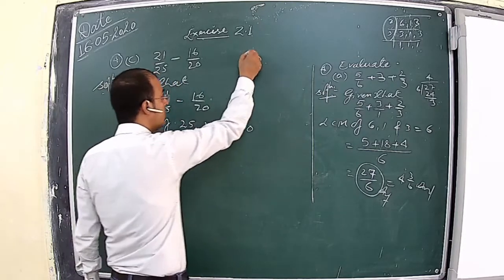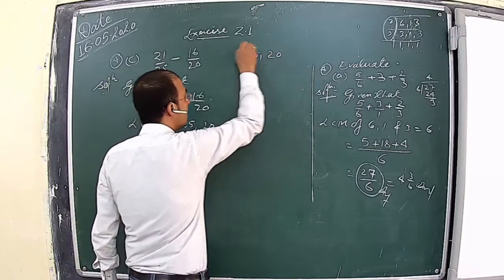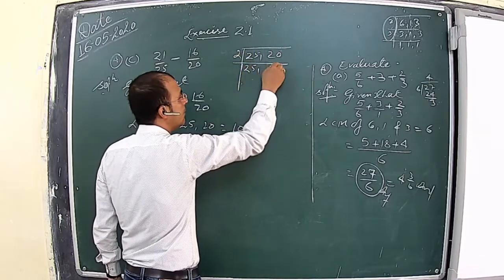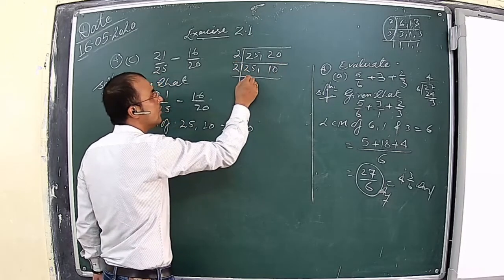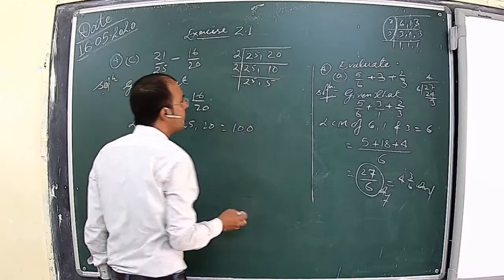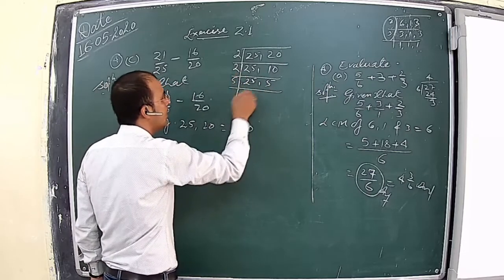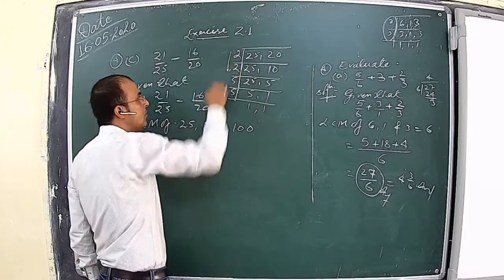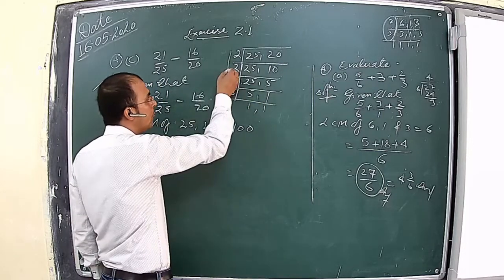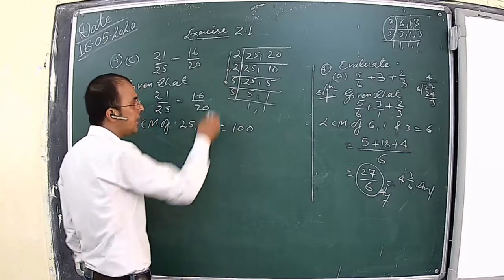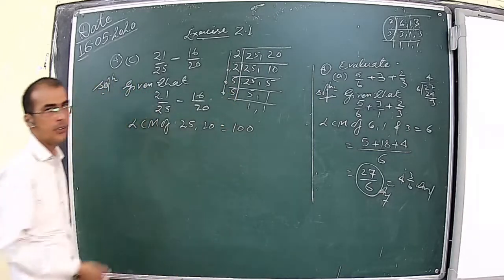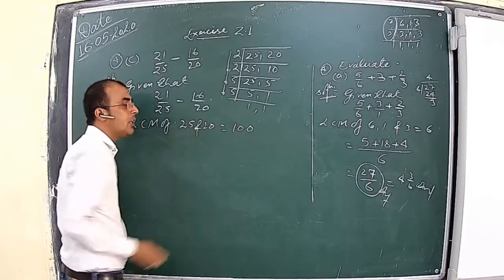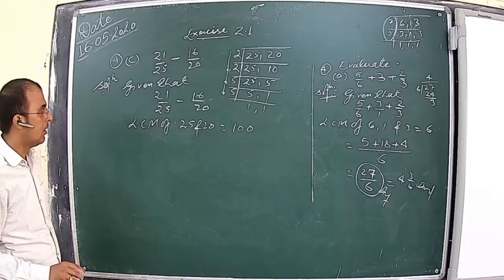You can find it here: 25 and 20 divide by 2, we get 25 and 10, again 2, 25 and 5, then 5, we get 5 and 1, then again 5, we get 1 and 1. So 2 times 2 is 4, 4 times 5 is 20, and 20 times 5 is 100. Then the LCM of 25 and 20 will be 100. Is it clear?